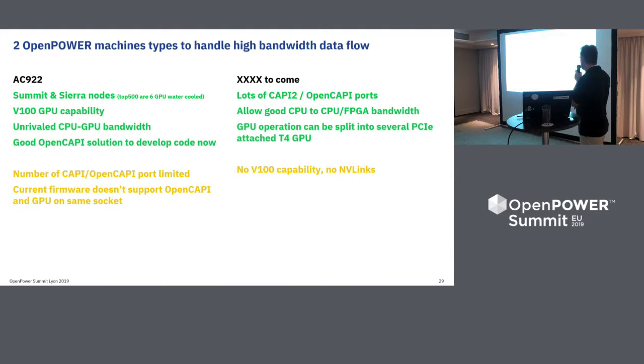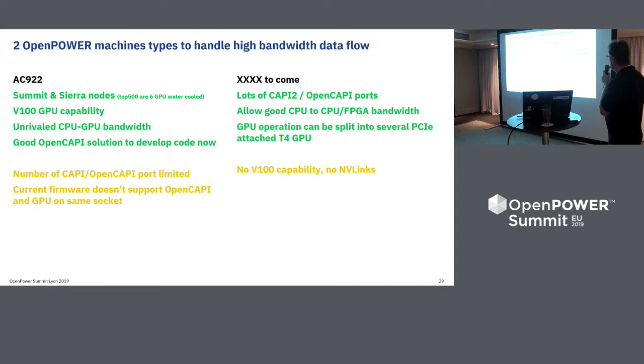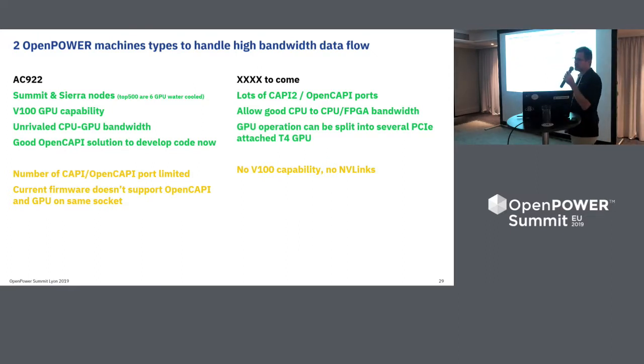We should know that the CAPI and OpenCAPI capability in terms of ports is limited, and the current firmware doesn't support having OpenCAPI and GPU on the same socket. To counter these limitations, we will have this new machine that will be able to host more CAPI2 and OpenCAPI ports. Up to 4 OpenCAPI systems can be connected to the two CPUs.